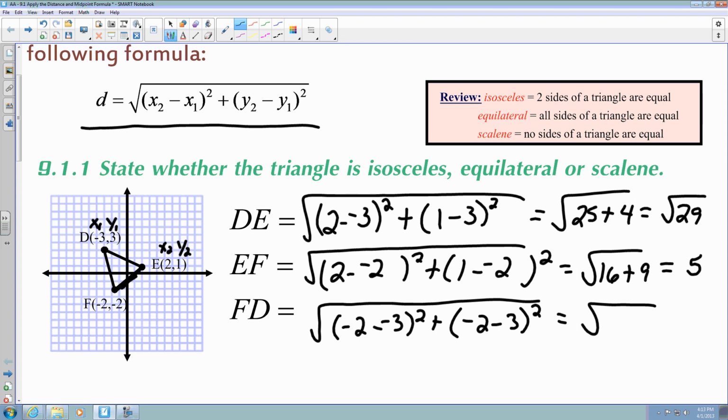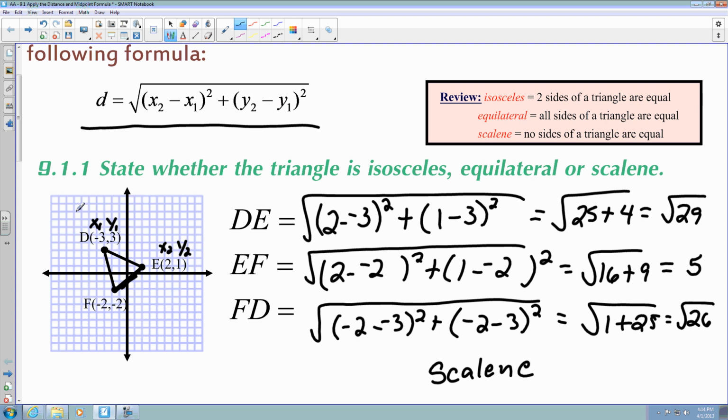Negative 2 minus a negative 3 gives me 1, and 1 squared is 1, plus negative 2 minus 3 gives me negative 5, squared is 25. This ends up equaling the square root of 26. Since none of the values equal each other, I can say that this is a scalene triangle.